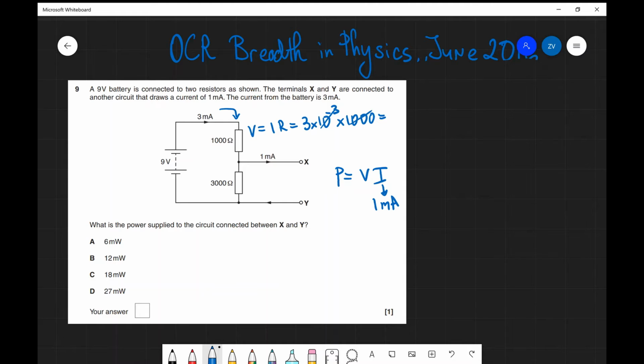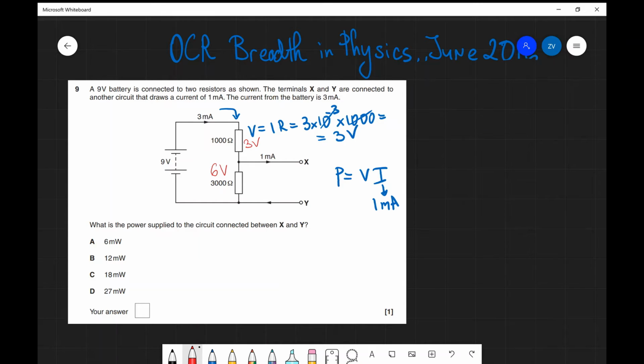Those two are just going to cancel out, which leaves us with 3 volts. So we have 3 volts across here. Well, that means that if our total is 9 volts, we have 6 volts remaining for this one.